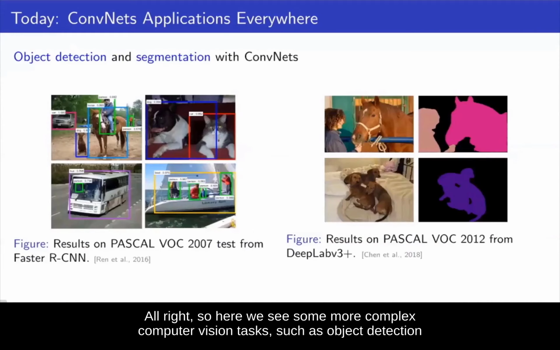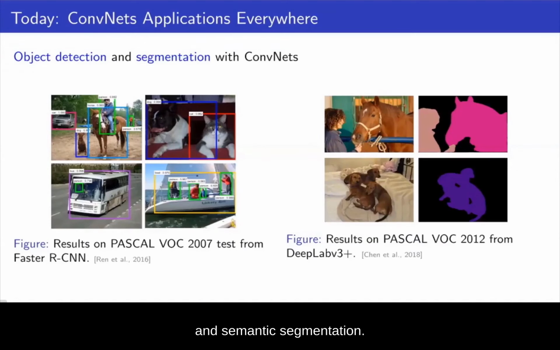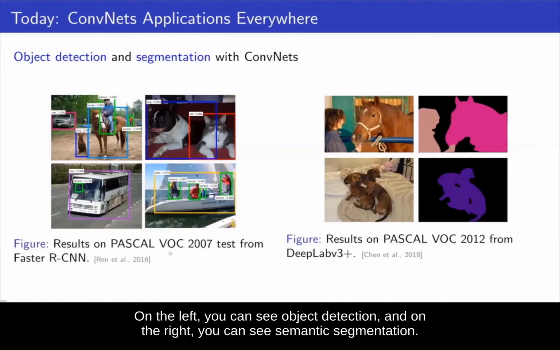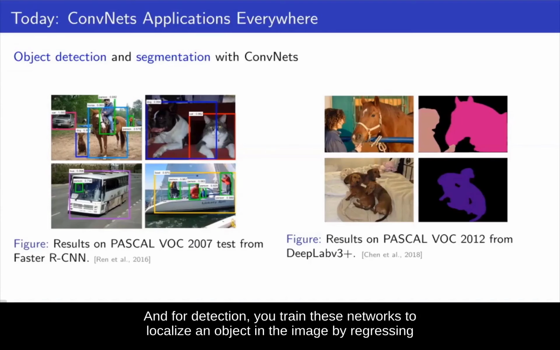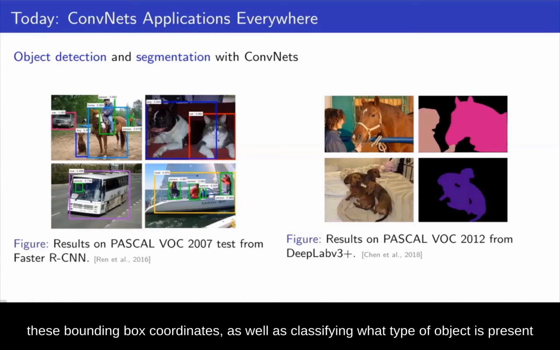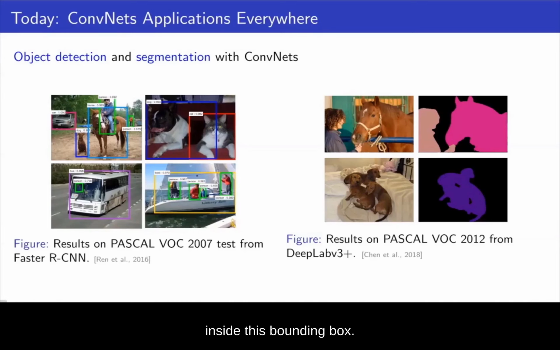All right, so here we see some more complex computer vision tasks such as object detection and semantic segmentation. On the left, you can see object detection, and on the right, you can see semantic segmentation. For detection, you train these networks to localize an object in the image by regressing bounding box coordinates, as well as classifying what type of object is present inside this bounding box.